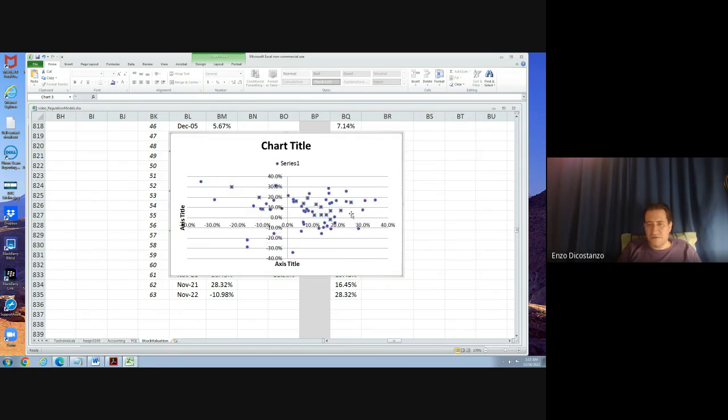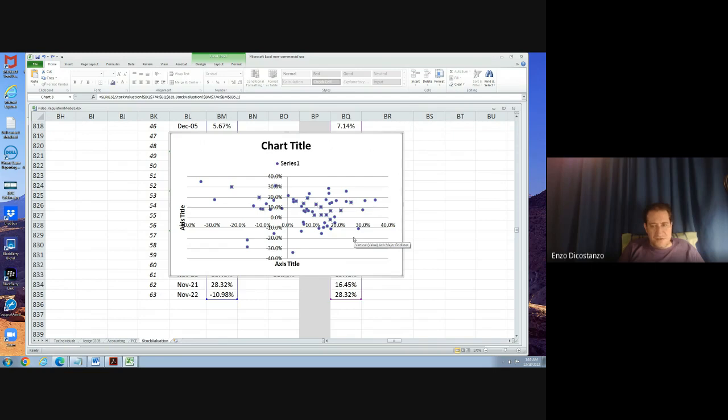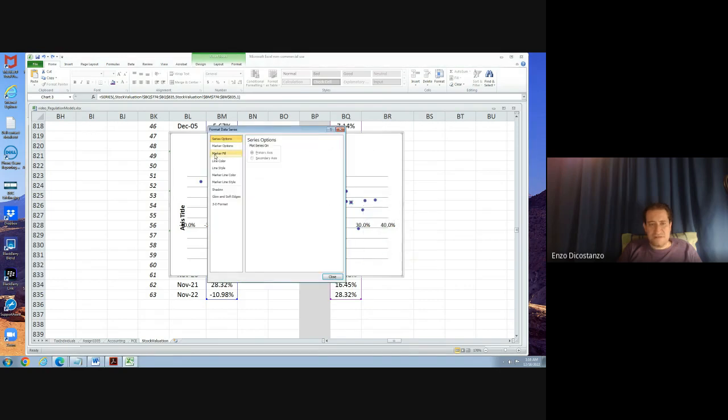That's not what we wanted. We don't want a trend line. There's a little blue hue around it. Format the series. Option type fill. And we'll just do purple.